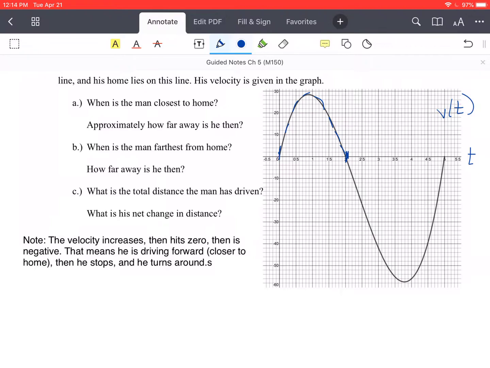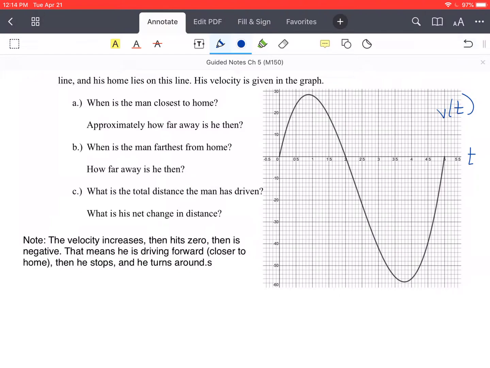All we want is this time right here, where he's driving forward. So the closest he is going to be to home looks like it's going to be here at 2, after 2 hours.